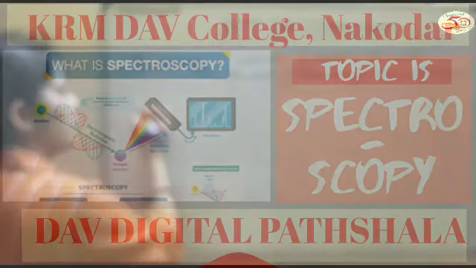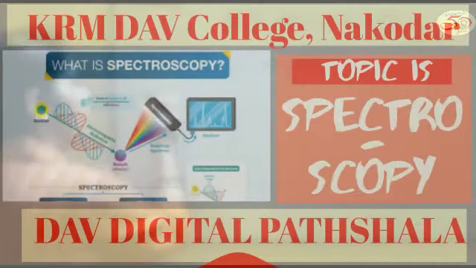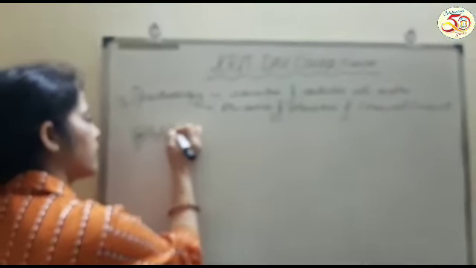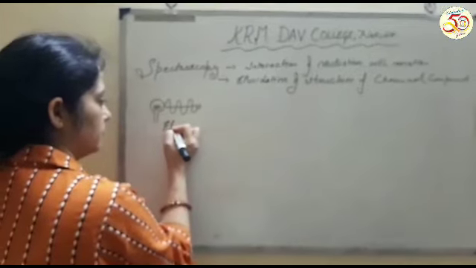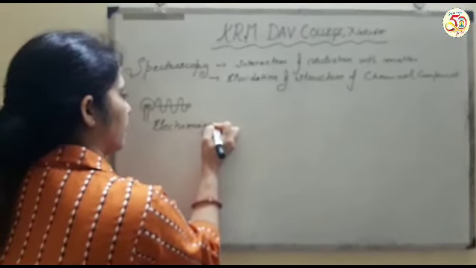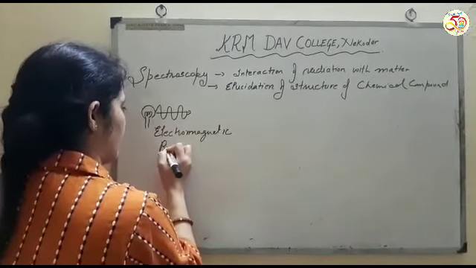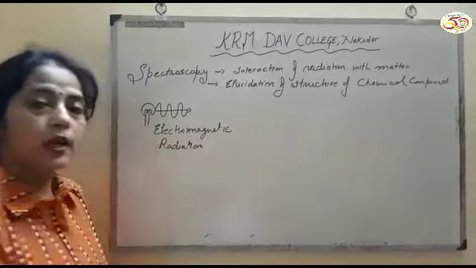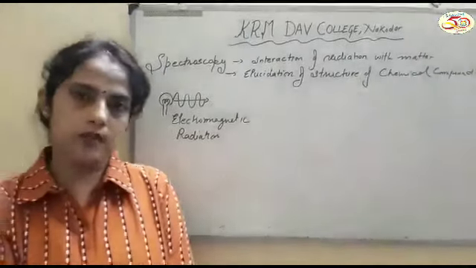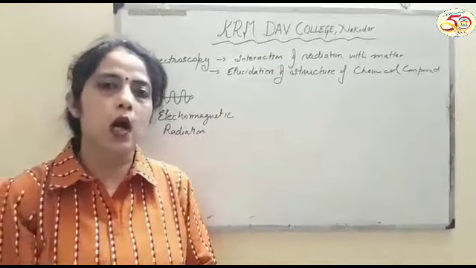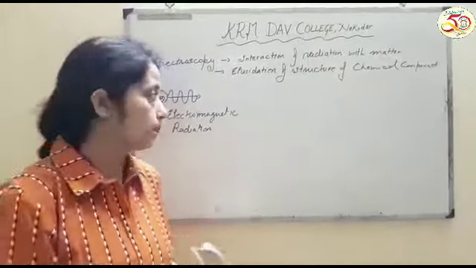The technique used is, we use a source of radiation which is electromagnetic radiation. What is electromagnetic radiation? Electromagnetic radiations are the radiations which have electric field and magnetic field perpendicular to each other as well as to the direction of propagation.